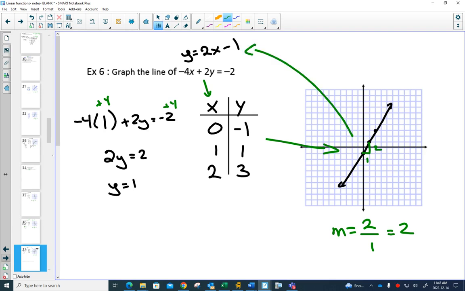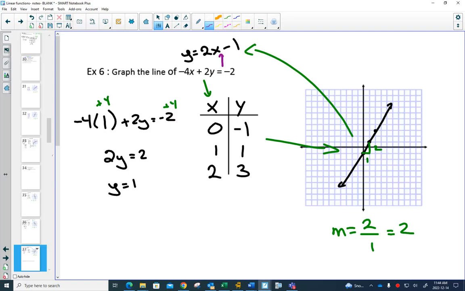That's the method that we went. Can anyone see how they would go just from that equation to that equation? What math would you have to do if you just said, I don't want to draw the table of values, I don't want to draw the graph, I don't want to figure out the slope, and then write the equation again? Could I just go from one equation to the other?